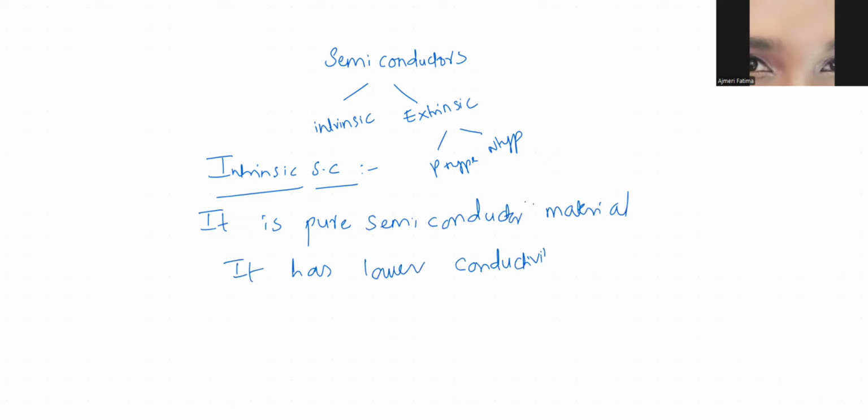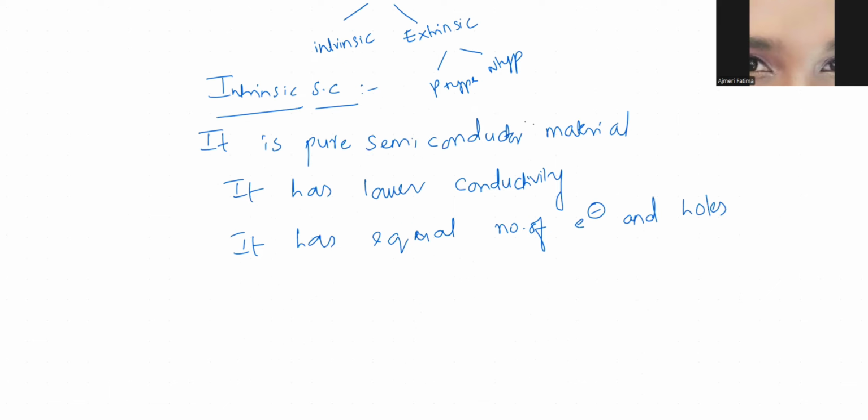It has an equal number of free electrons and holes. In P type, majority charge carriers are holes, and in N type, majority charge carriers are electrons. I hope you all know this.